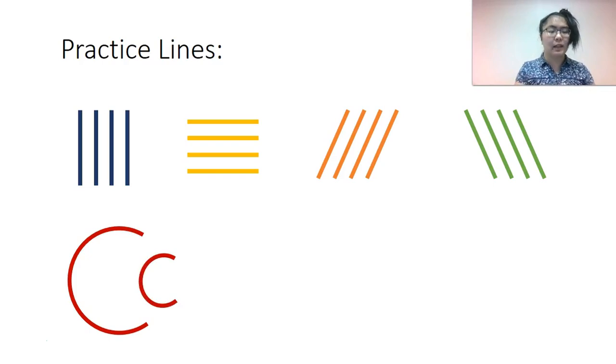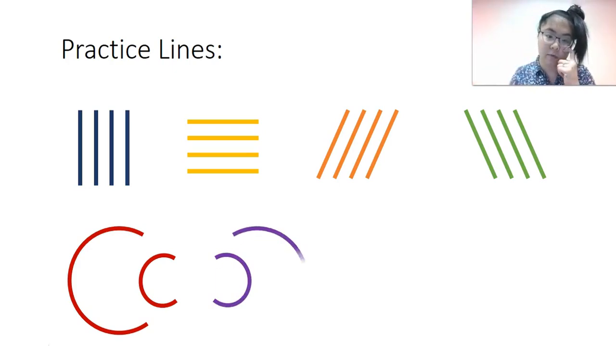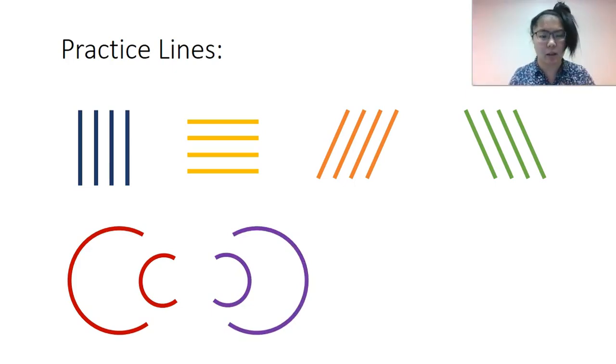So you can practice big and small curves. So big curves taking up the entire house, and small curves only taking up half of the house. And it's also good to practice backwards C's. Because these are also used in a lot of letters. So practice big and small, backwards and forwards, letter C.